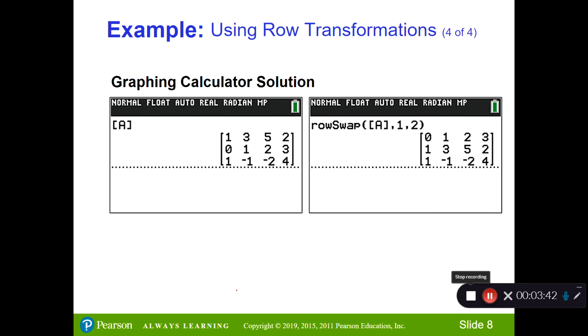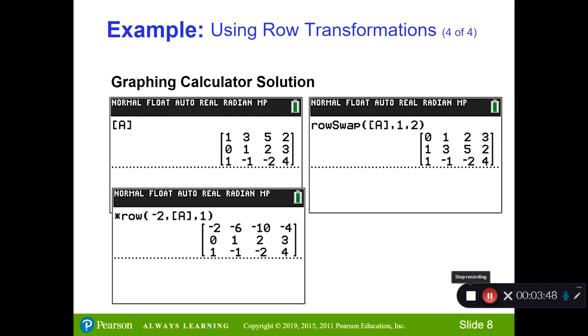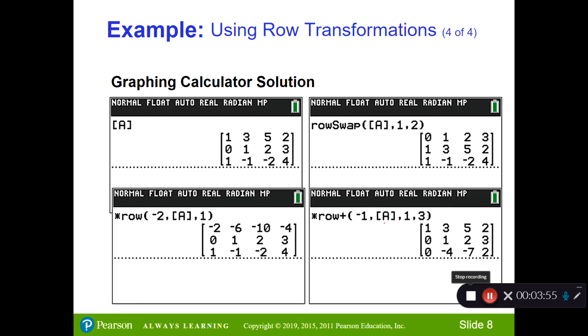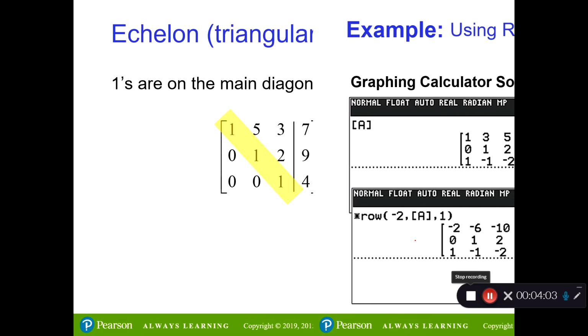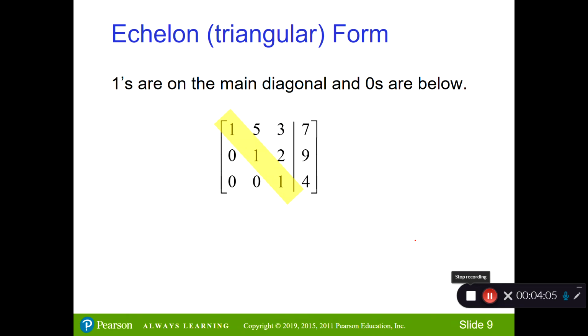Now I can do these operations on my calculator after defining my matrix A. I can use the row swap to swap two rows, or multiply a single row by a constant, or multiply a row and add or subtract different values of rows. So you can use these operations, but I'm going to show you more helpful things to do on the calculator.